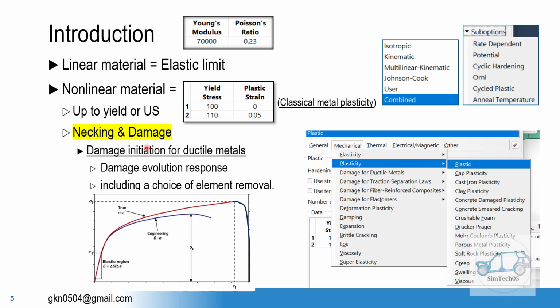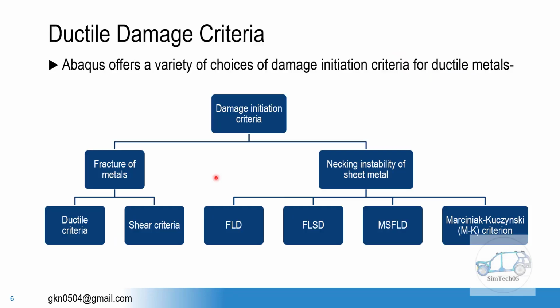Okay, so to model such necking and damage, what do we need? We need the material with damage property and then the damage evolution parameter or damage evolution response. We have a few materials in Abaqus that allow the ductile damage criteria.